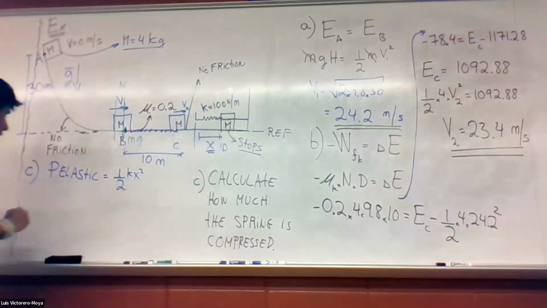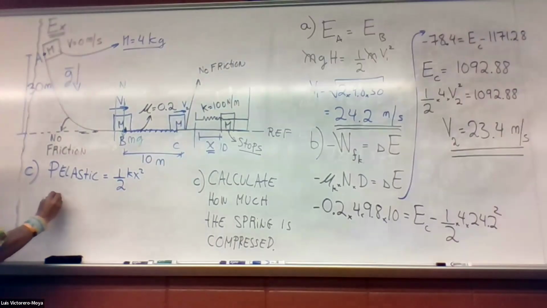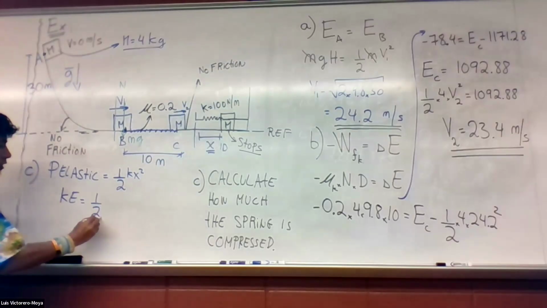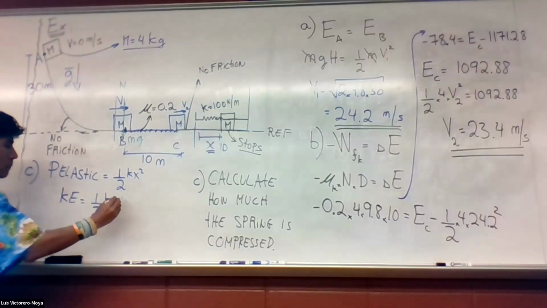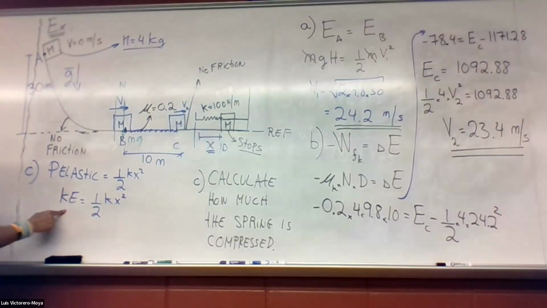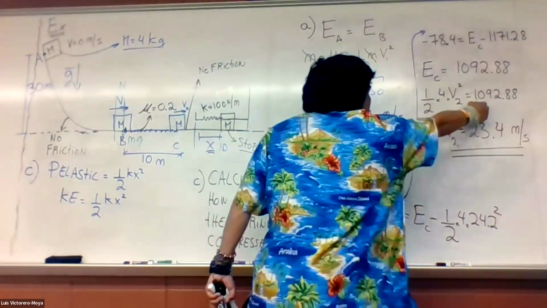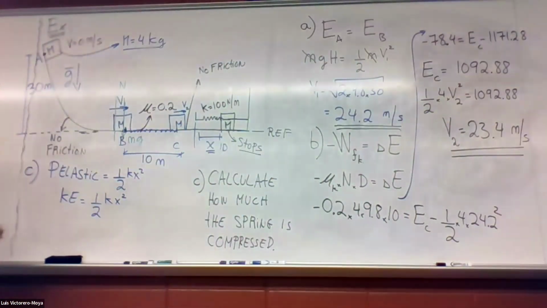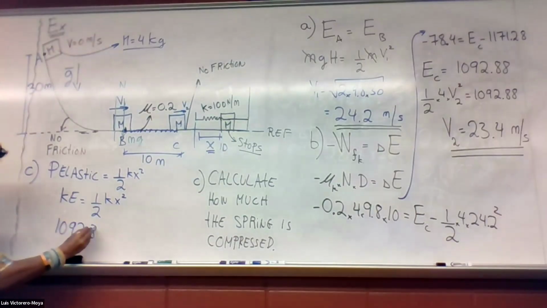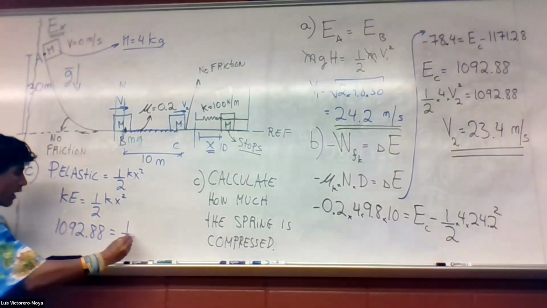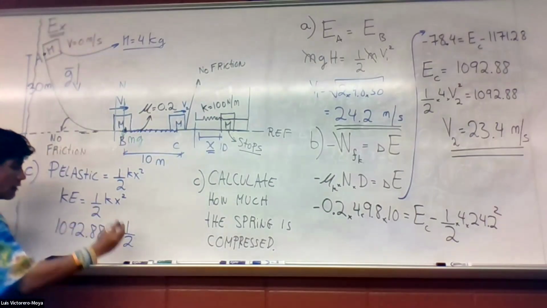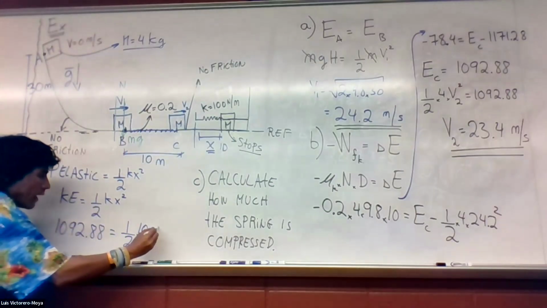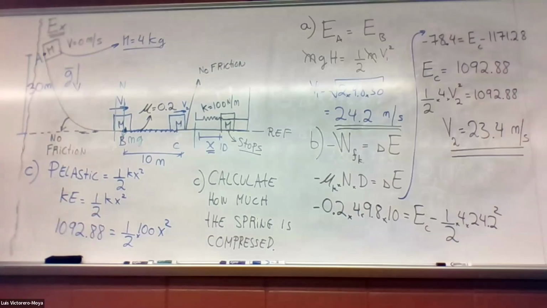Very good. The elastic energy is 1/2 kx squared. But that energy, we found it before, right? 1,092.88. So 1,092.88 is 1/2 k x squared.